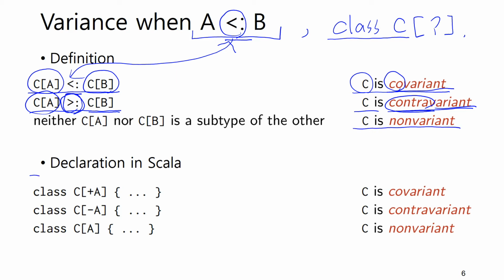We use this syntax to declare the covariance, contravariance or non-variance of class C. In order to state C is covariant, we use this plus symbol as a prefix. And to state that C is contravariant, we use this minus symbol. If no symbol is provided, then C is declared as non-variant.